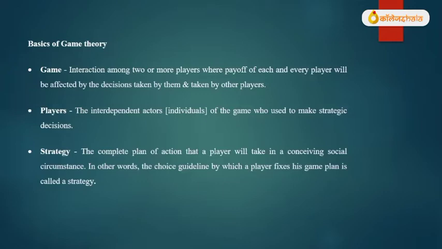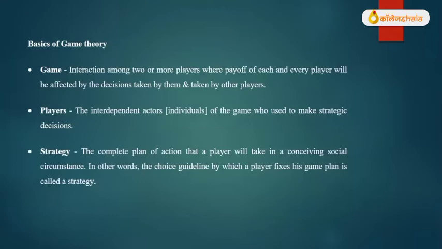Next, strategy. If we are talking about strategic decisions, then we need to know what is strategy. Strategy is the complete plan of actions that a player will take in given circumstances. In very easy words, the choice guideline by which a player fixes his game plan is called strategy.